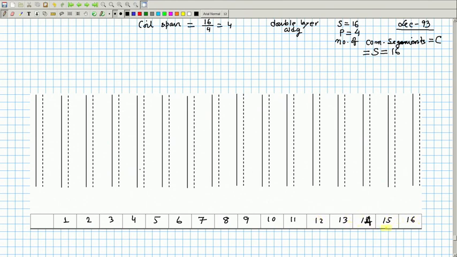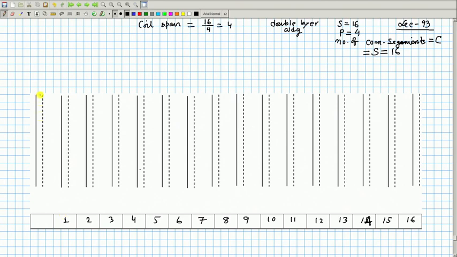This is 16. Once again 16, understood? Because I have developed the diagram.